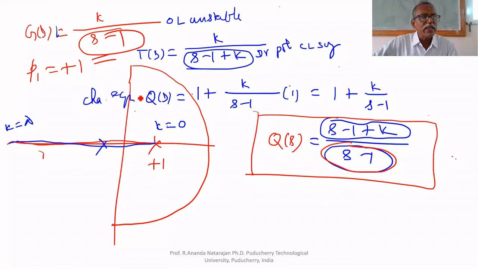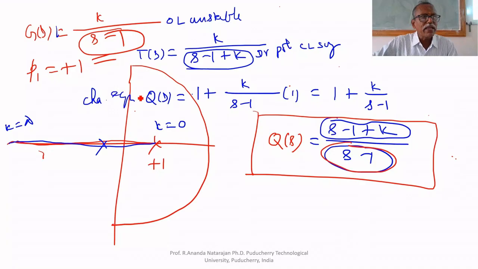If I do the mapping, Q of S is what? S minus 1 in the denominator. That's why if you do the mapping, one pole on the right hand side. But here, no zeros on the right hand side. No zeros on the RHS. Let us assume no zeros on the right hand side means stable system. Am I correct or not?